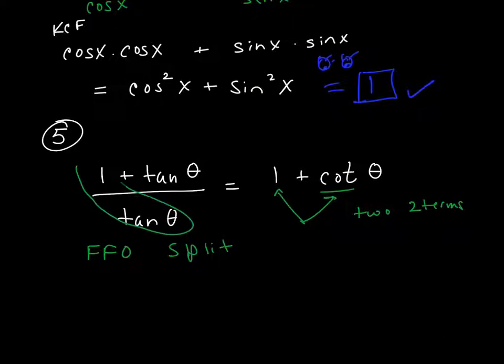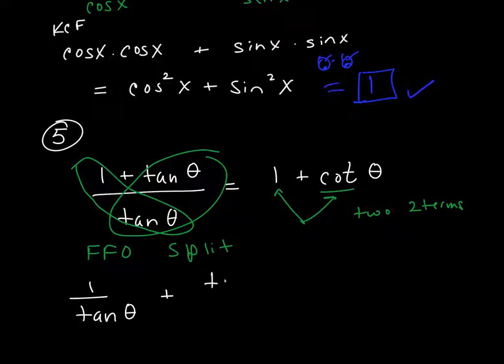One of them will be 1 over the tangent, and then the other one will be the tangent over the tangent. So what I'm left with is 1 over my tangent of theta plus tangent of theta over tangent of theta. And I can do this because if I were to common denominator, if I add those two fractions together, I'd end up with the same thing.